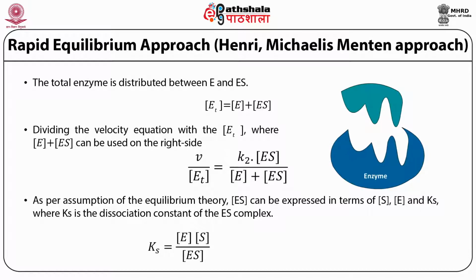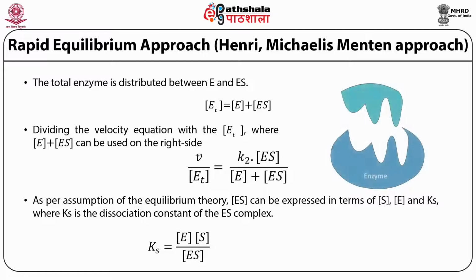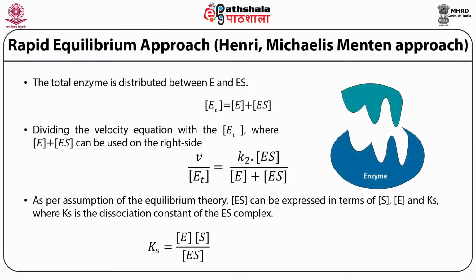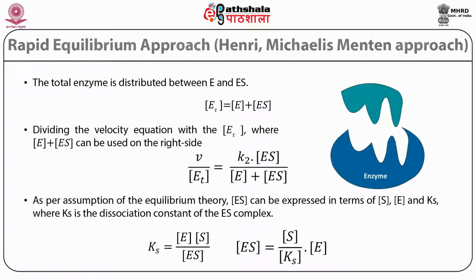Ks is the dissociation constant for that equilibrium, and it is represented by Ks is equal to concentration of enzyme into concentration of substrate divided by concentration of ES complex. If you rearrange it, you can calculate the concentration of ES complex, which will be equal to substrate concentration divided by Ks multiplied by free enzyme concentration.